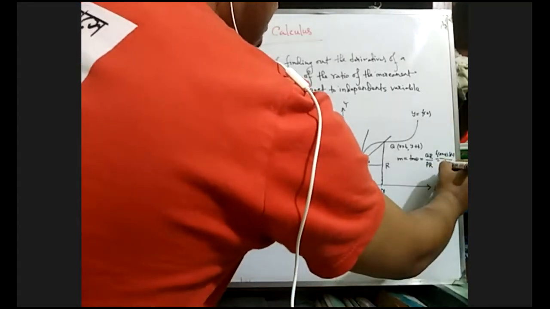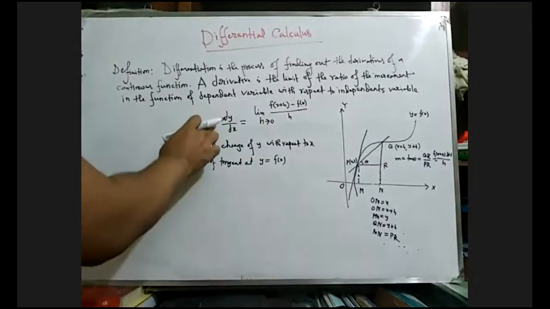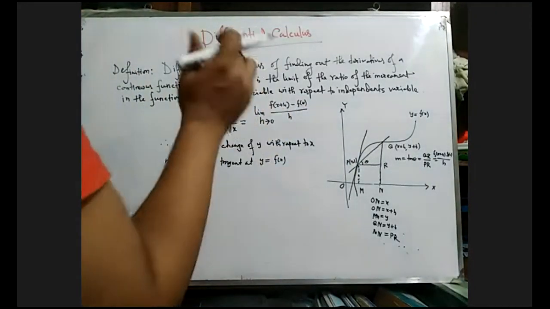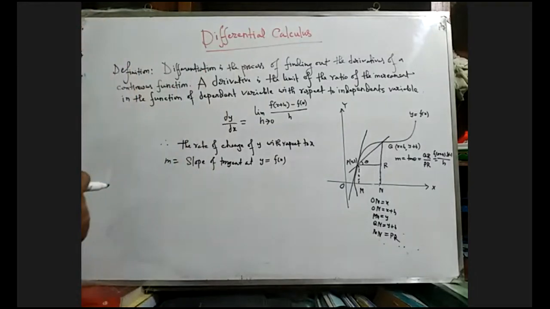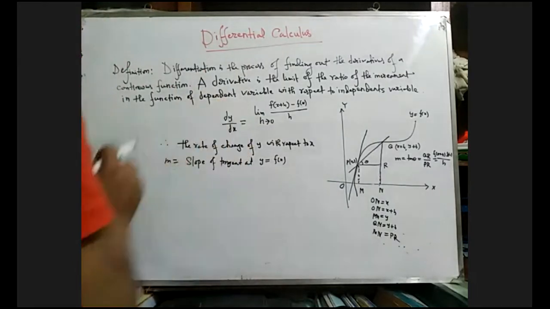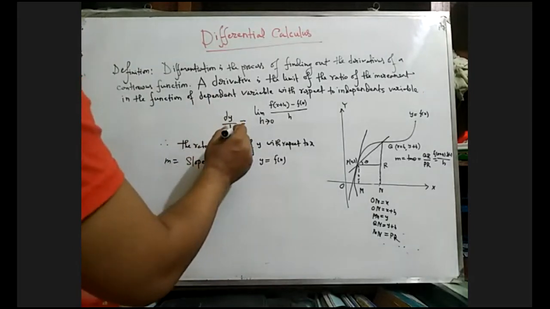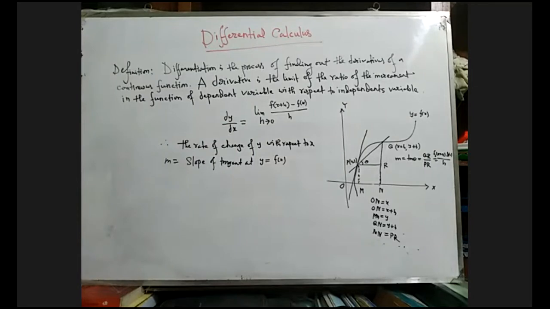If we take the limit of this ratio, we get the derivative of the dependent variable with respect to the independent variable. Independent variable means x, and dependent variable is y. That is the rate of change of y with respect to x.